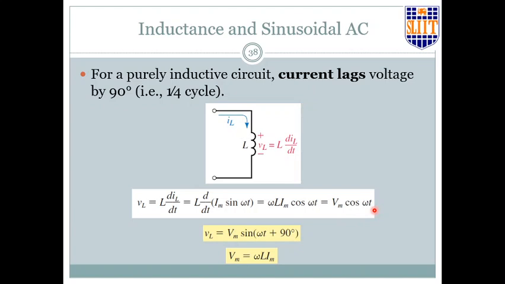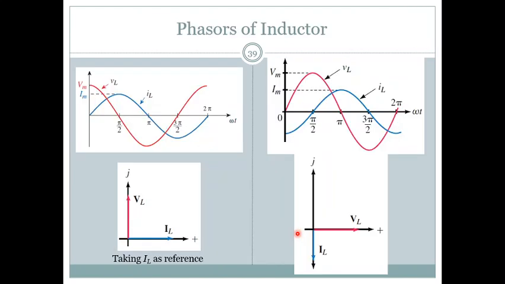So Vm cos omega t, and cos omega t can be written as sine of omega t plus 90 degrees. So that means that voltage is leading by 90 degrees, right? So if you draw it in a sinusoidal waveform, it looks like this. You can even rotate it as well.